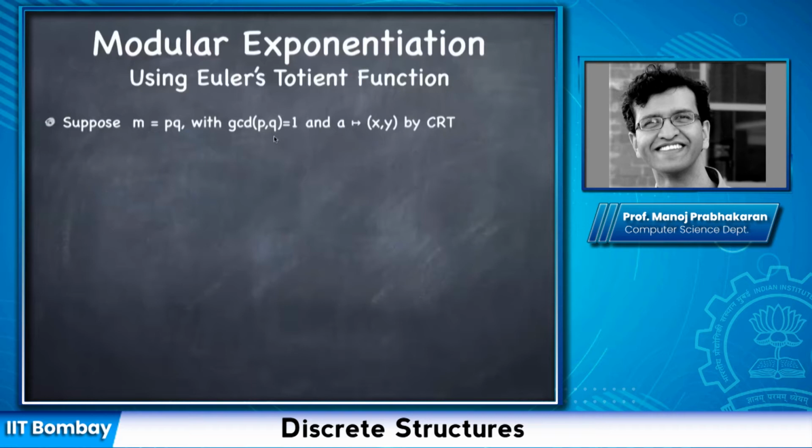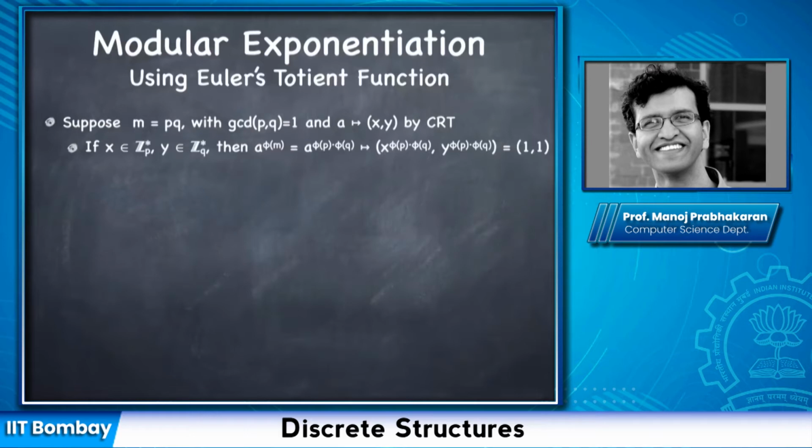Well, in this case, to break it down into simpler instances, a very useful thing to do is the Chinese remainder theorem. So any element a in Zm, I can write as a pair of elements x and y in Zp and Zq. So suppose we are given a in Zm, which has (x, y) as the CRT representation with respect to Zp cross Zq.